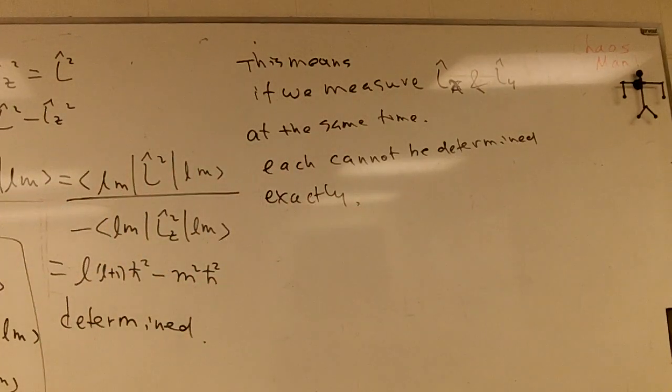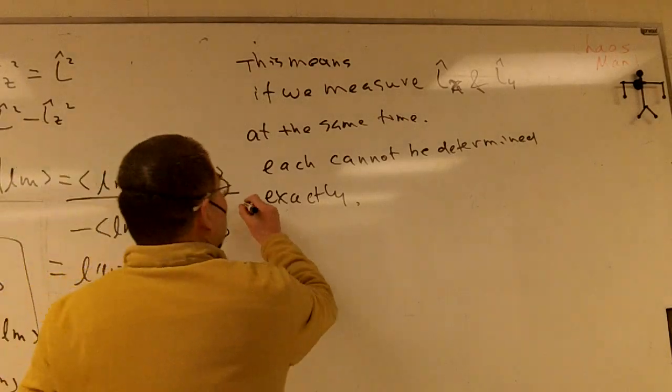If you want to measure each, you can. But if you measure them both, you can't. So essentially what that means is just L_x squared. So this is called uncertainty.